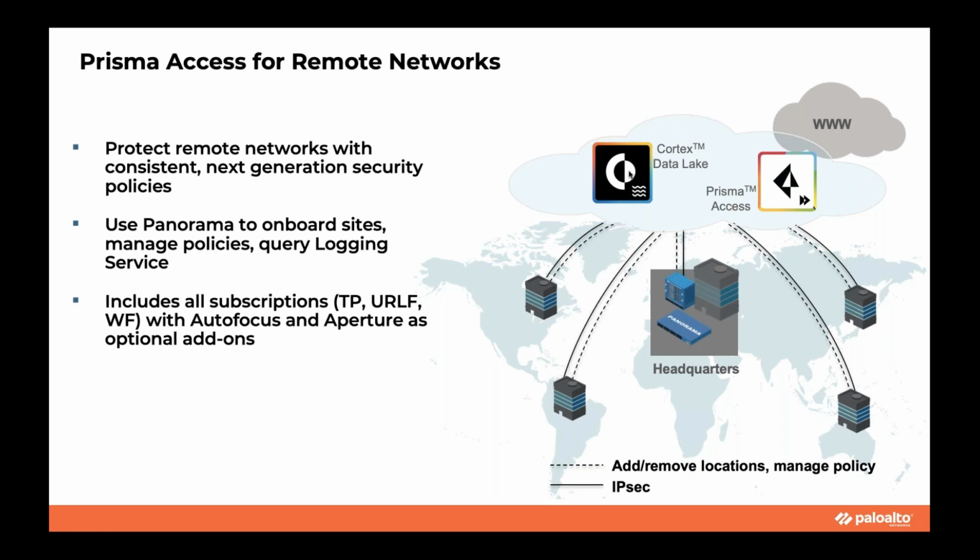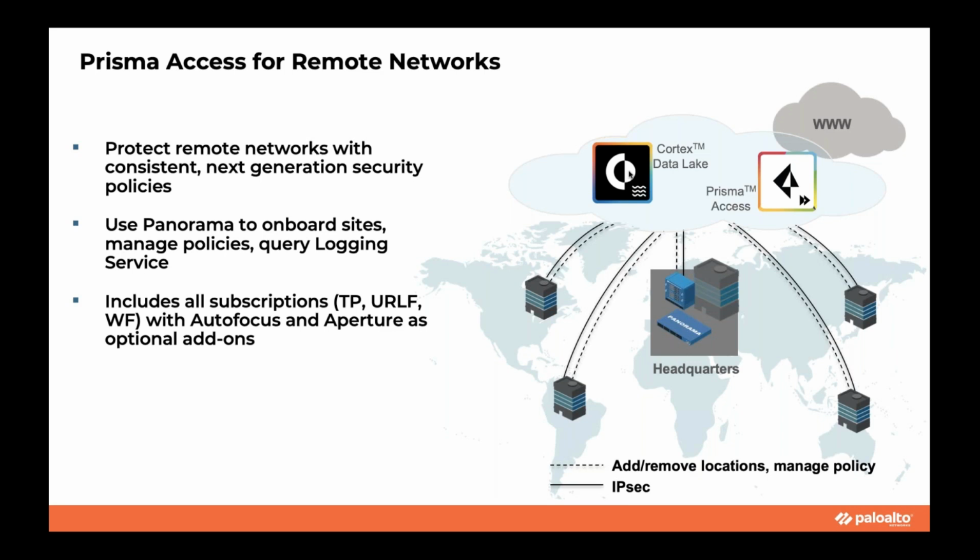Okay, regarding security subscriptions, everything we know from the typical subscriptions from the next generation firewall is included. This is threat prevention, this is URL filtering, WildFire, and DNS security. Okay, I hope I haven't forgot anything.